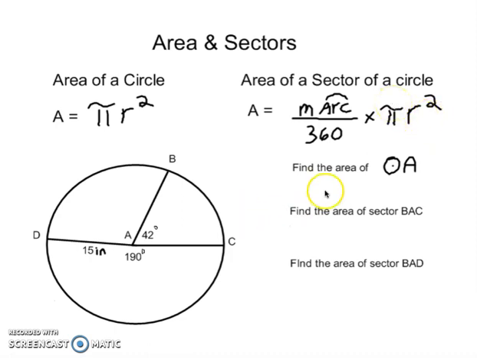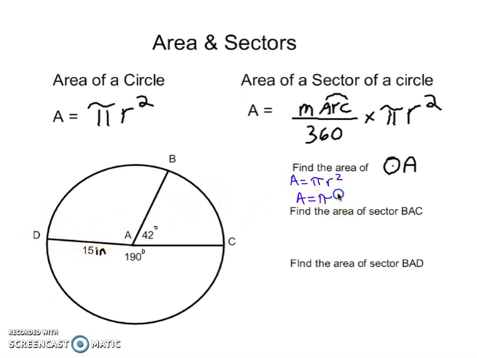If we were to find the area of circle A, here's circle A here, we would take our formula that we just said, area equals pi r squared, and plug in our values. So we would have area equals pi, and we can see here on circle A that our radius is 15 inches.